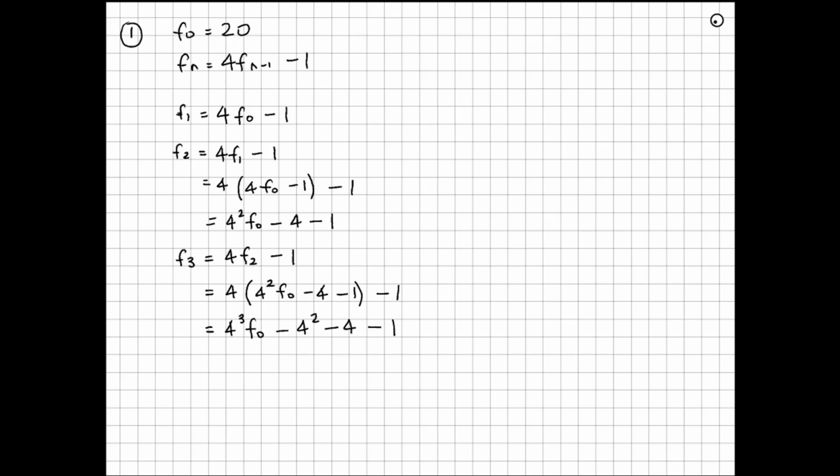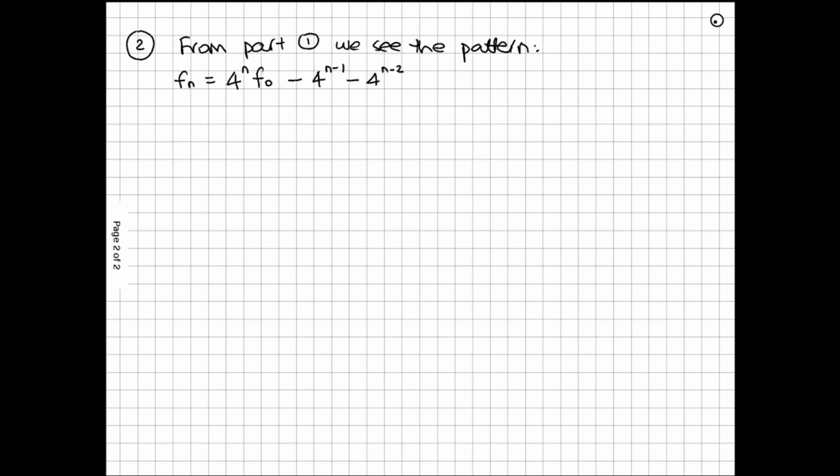So actually what I might do is I'll turn over and we'll flesh that out. So here for part 2, I think what we can say is from part 1, we see the pattern, and then we can write out fn is actually equal to 4 to the power of n times f0 minus 4 to the power of n minus 1, and then minus 4 to the power of n minus 2, and so on.